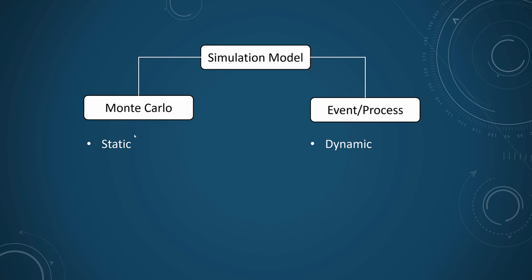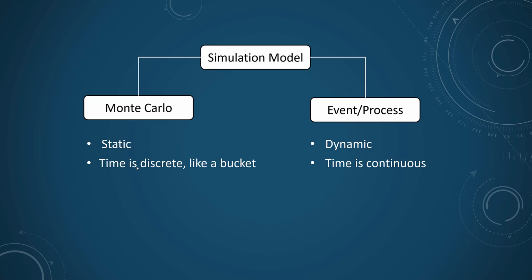One is Monte Carlo, which is static, not in the sense of the analytical approach from the previous slide, but I'll explain a little more about this in just a second. The other is more dynamic, which really means time here is considered as discrete, like a bucket. So you specify, okay, I'm going to look at 1 day, and then you simulate for that 1 day and replicate it 10,000 times, and then you analyze the results. So you don't look at time as a continuous flow.